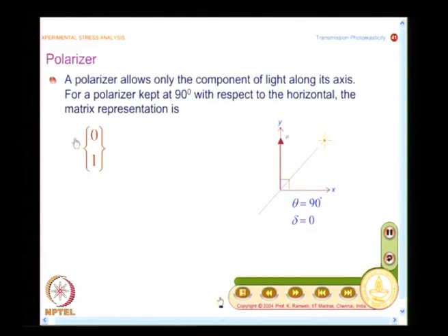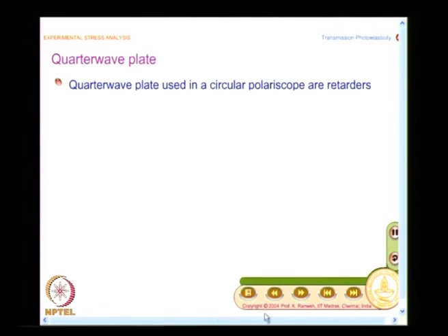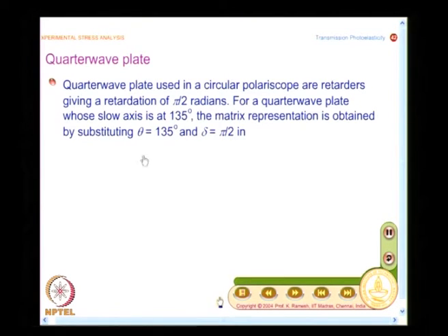A simple vector like this is sufficient to represent a polarizer, nothing more is required. Only when I come to a quarter wave plate, I need to have a look at how it is oriented, and it is a retarder, but the retardation is known. A quarter wave plate gives a retardation of pi by 2 radians.